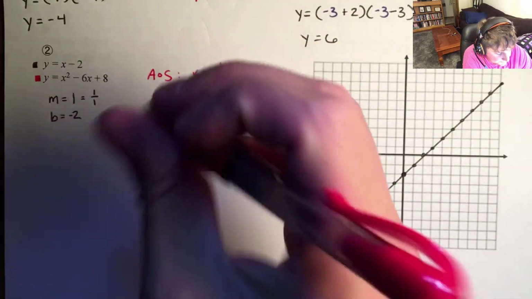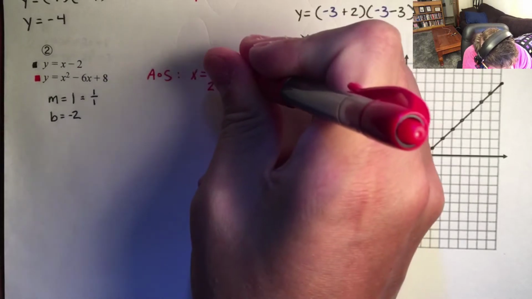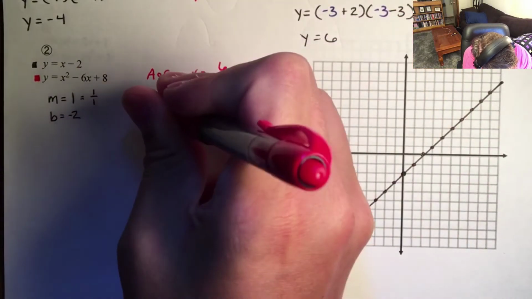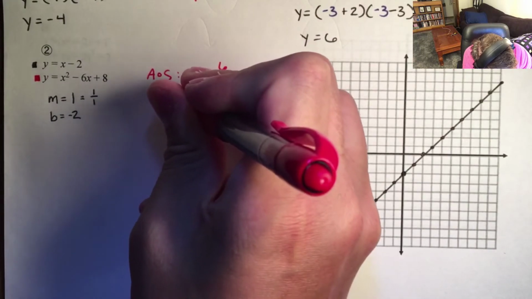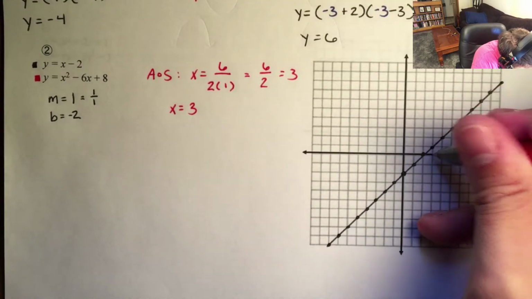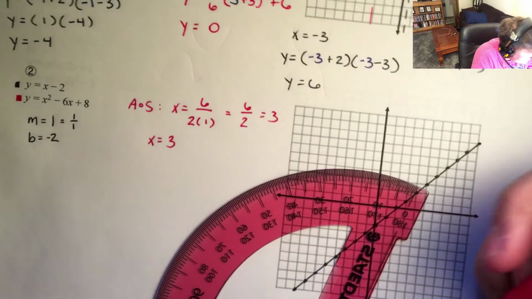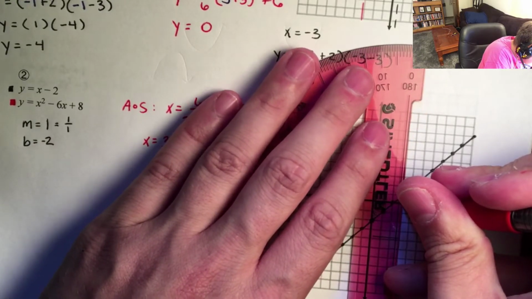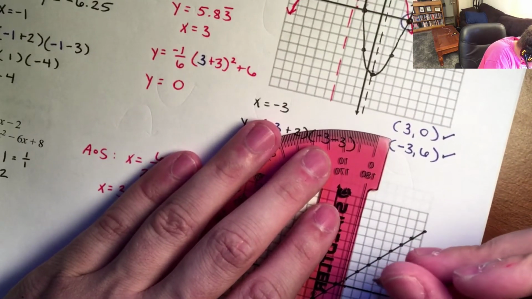Again, it's 1. So here we get 6 over 2, which is equal to 3. So my axis of symmetry is the line x is equal to 3. So let's find 3. 1, 2, 3. Okay, and I know my vertex is going to land on that line here. I got to pull this a little closer to me here.